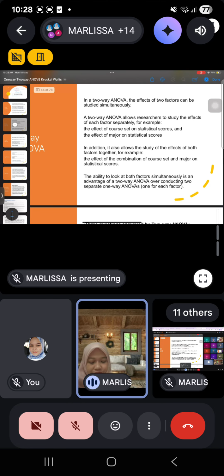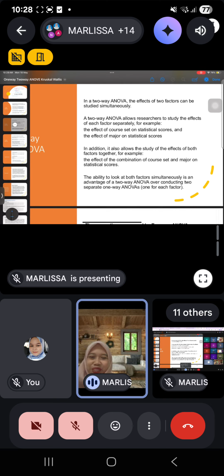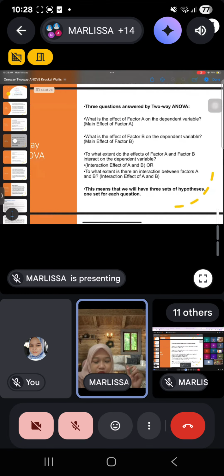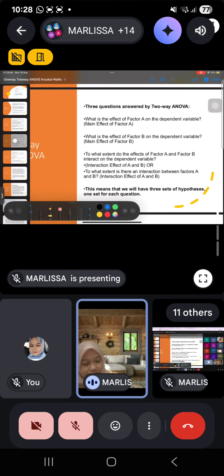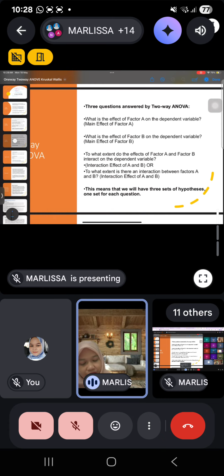So that's why we have to come back to our research objective for two-way ANOVA, which is a bit more complicated than one-way ANOVA. You have to develop 3 research questions in two-way ANOVA, and the first one is the individual effect.